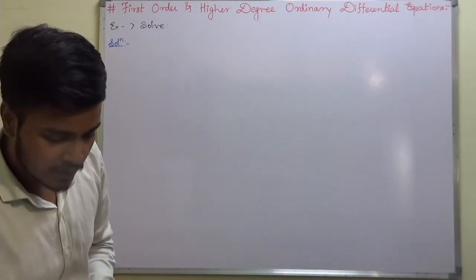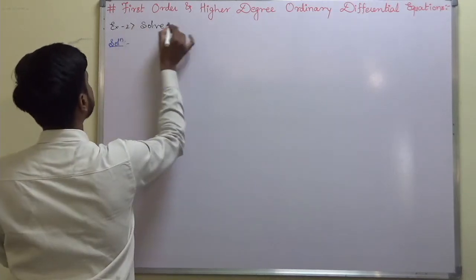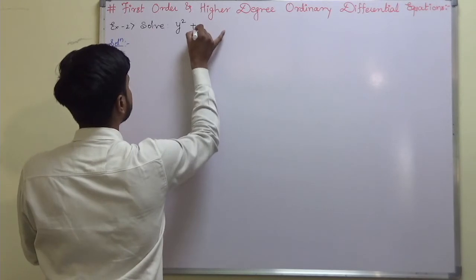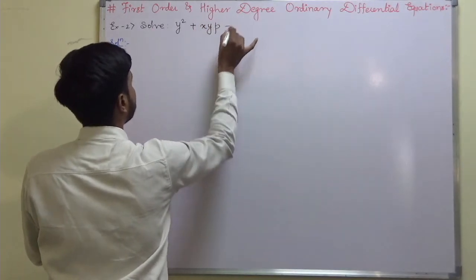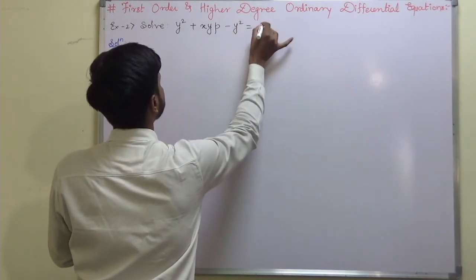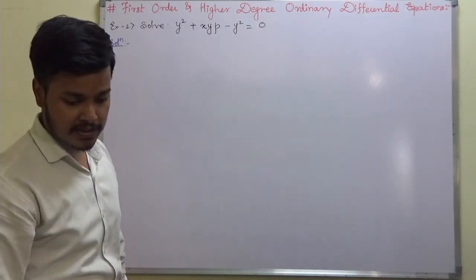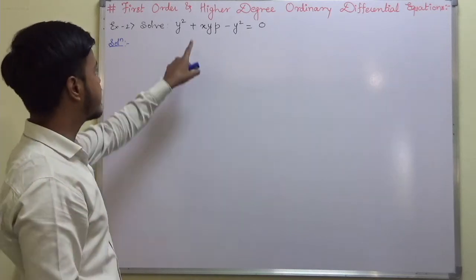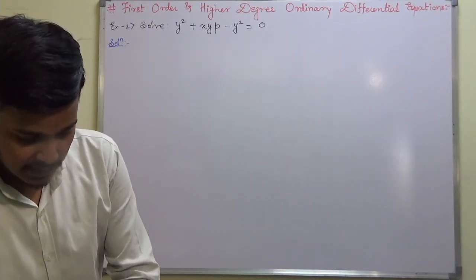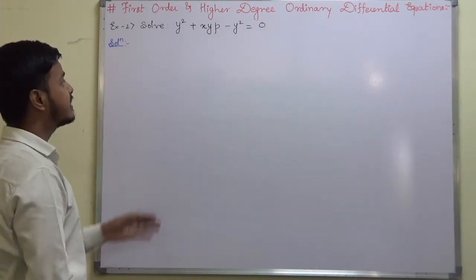Solve y square plus xyp minus y square is equal to 0. So this is y square plus xyp minus y square is equal to 0. Okay, so let us see this problem now.